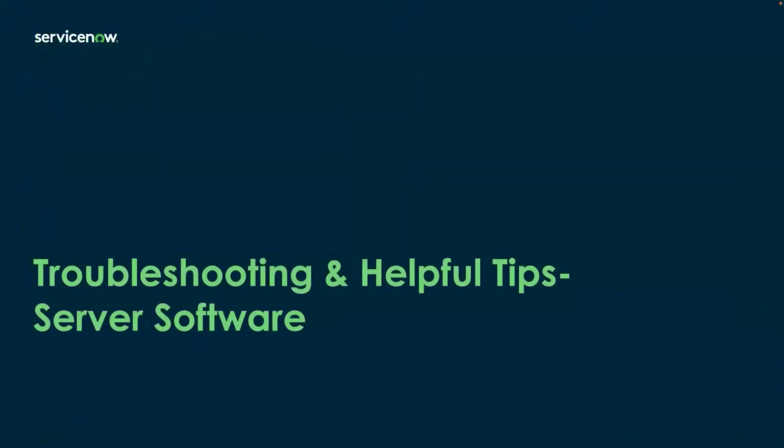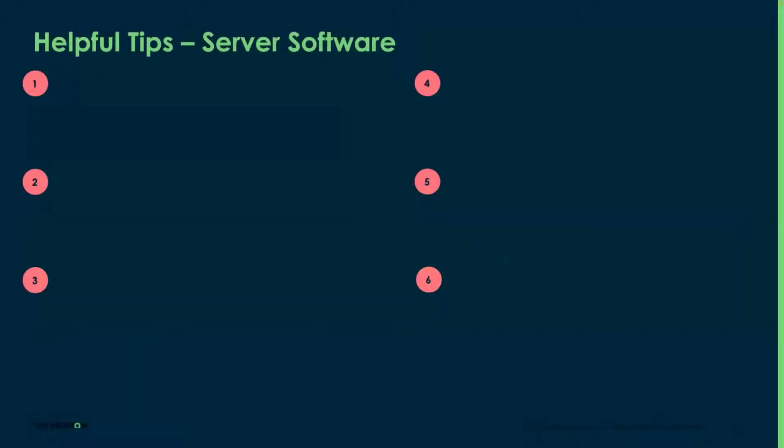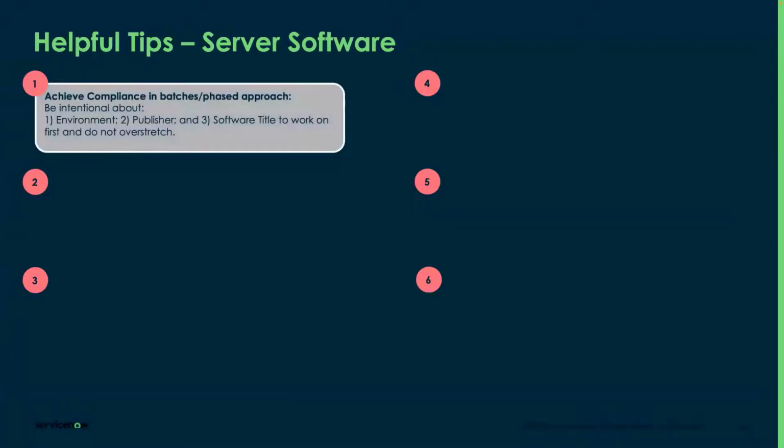Awesome. Yeah, let's walk through server software helpful tips. Server software, as said, is a bit more complex. So again, some of the things will be the same here as well. Focus on those products which are easy.